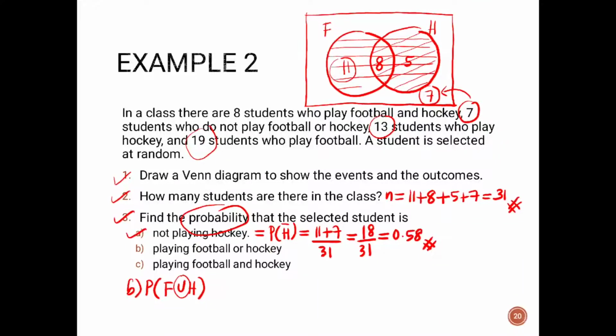So we have 11 plus 8 plus 5 over 31, which is 0.7.